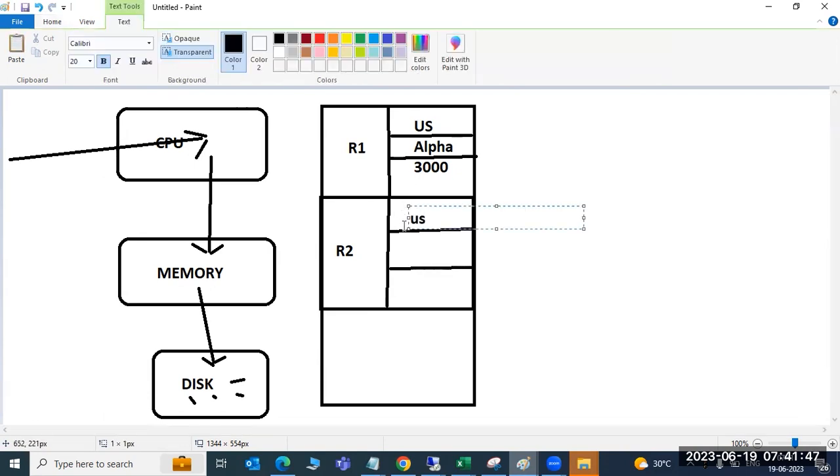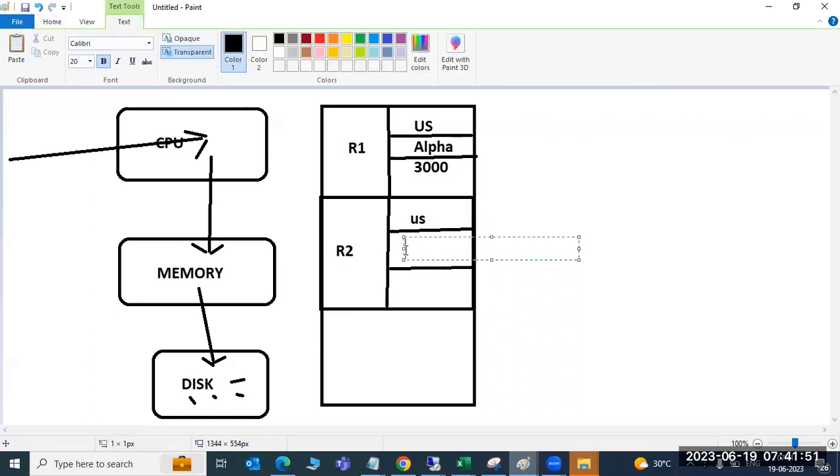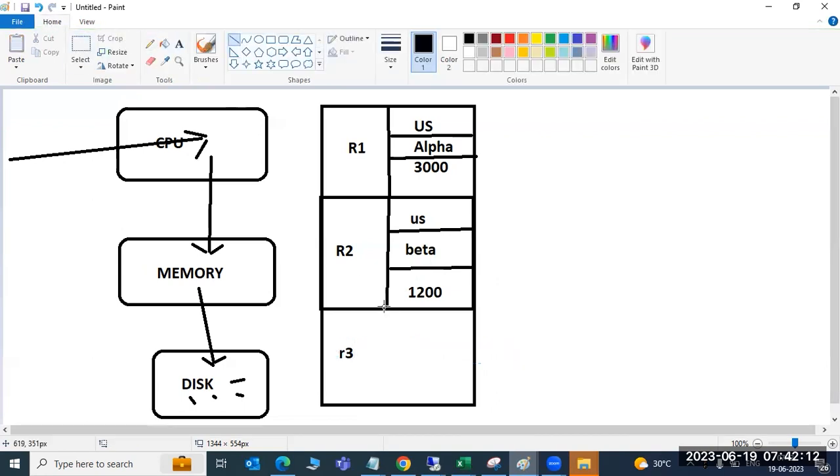There is one example in the blocks and SAP also takes one example here. So two rows, and also a row 3. The advantage we will discuss now.